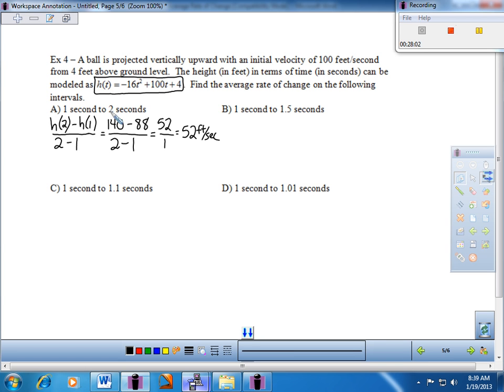Okay. Now we're going to do something quite fascinating here. We're actually going to bring that second value in, and we're going to close our interval. So in this case, do you see like 1 second has passed? And in that 1 second, on average, this is how fast the ball was traveling. Now, what I want to know is between 1 and 1.5 seconds. So the interval now is smaller.